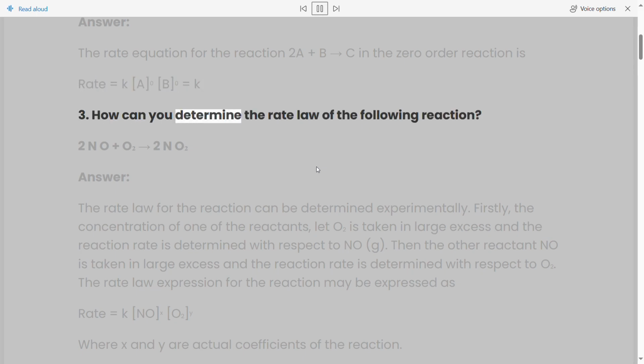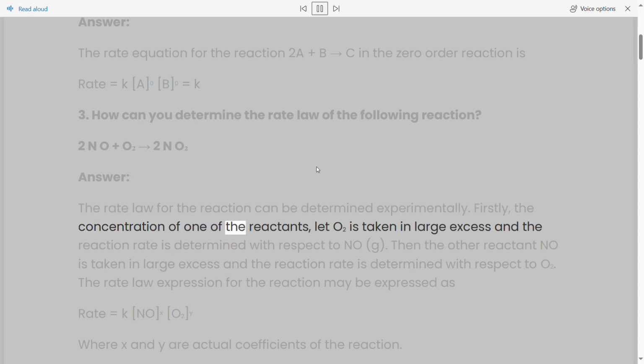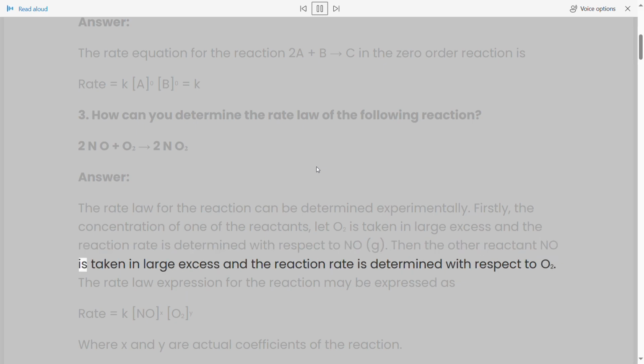Q3. How can you determine the rate law of the following reaction? 2NO plus O2 to 2NO2. Answer. The rate law for the reaction can be determined experimentally. Firstly, the concentration of one of the reactants, let O2, is taken in large excess and the reaction rate is determined with respect to NO. Then the other reactant NO is taken in large excess and the reaction rate is determined with respect to O2.